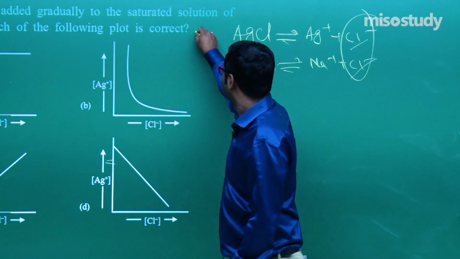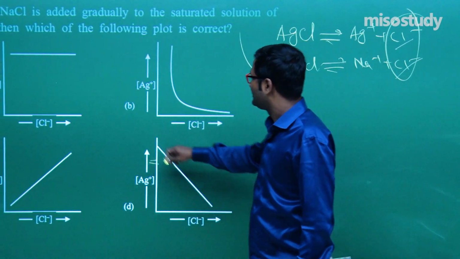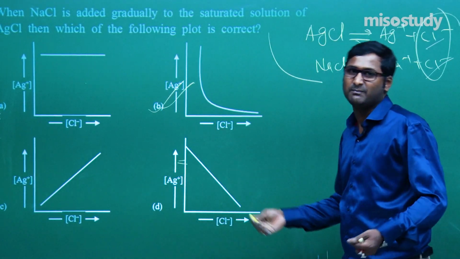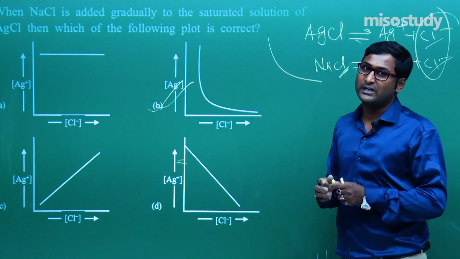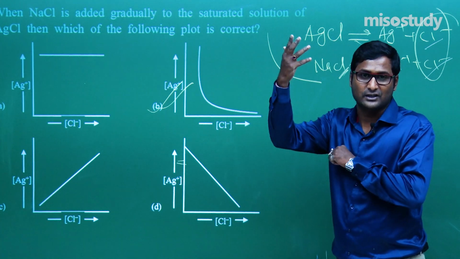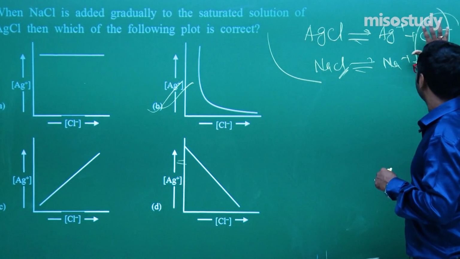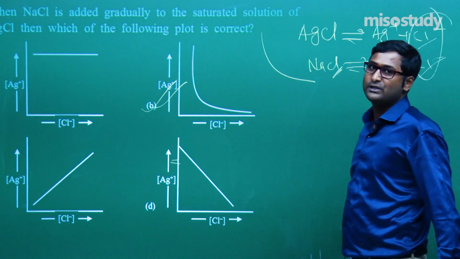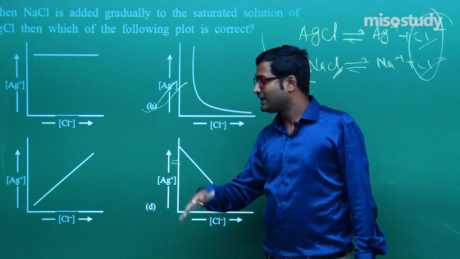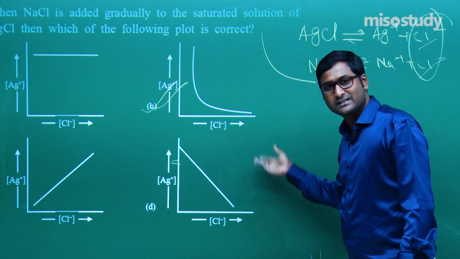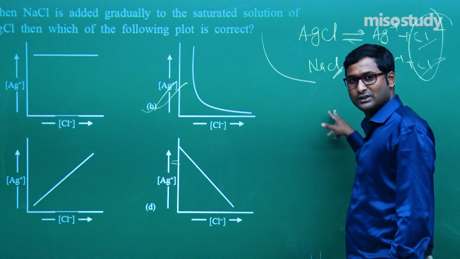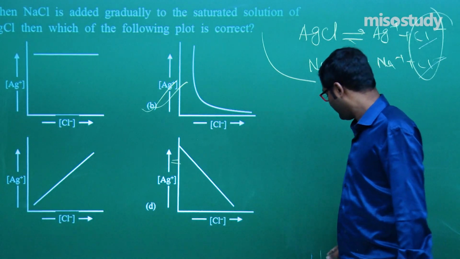What is the graph? The graph will be like this. So this is the correct answer, this is the complete mathematical relation. The common ion will increase its concentration and the ion which is not common will decrease. So one increases, the second decreases, inversely proportional. Clear to you? This is the graph.